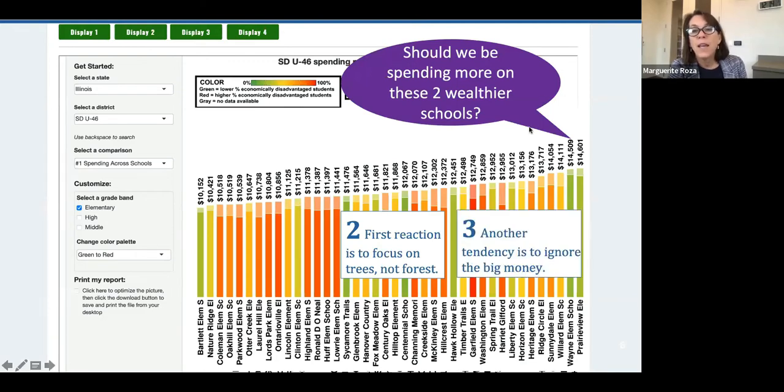So another big finding for us was a tendency to ignore the big money. And by that, I mean, a lot of times districts would say, oh, well, we have our federal program and that school brings a reading coach. And we would say, well, also there's all the teachers, the principal, the nurse, the librarians. That's all the money spent on the school.